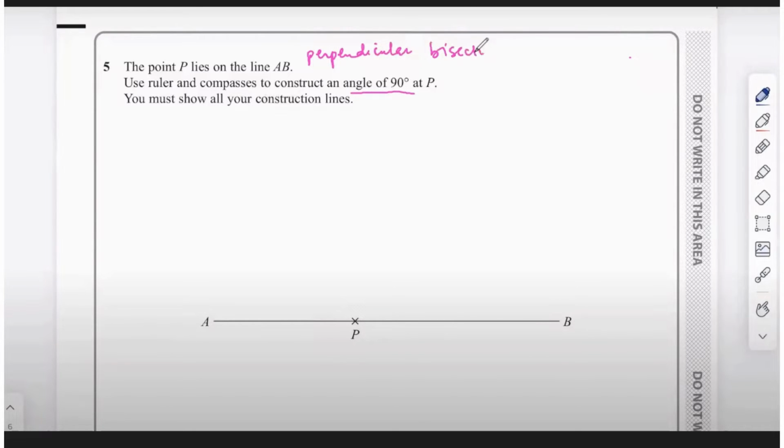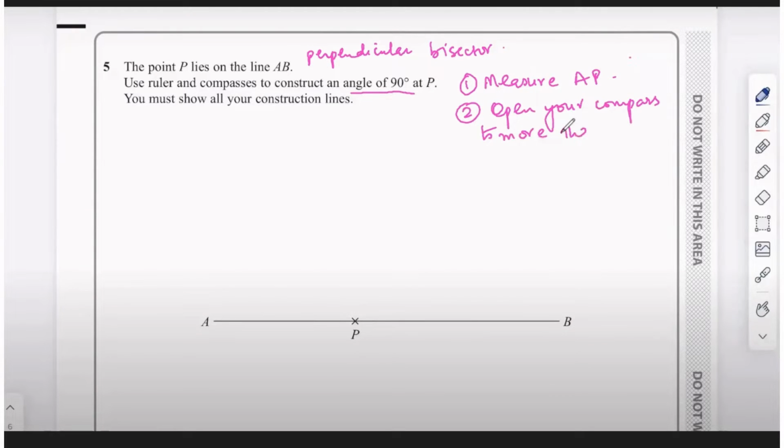So to draw the perpendicular bisector, the first step is to measure AP. Whatever the distance of AP is, you will open your compass to more than half of the distance, more than AP.